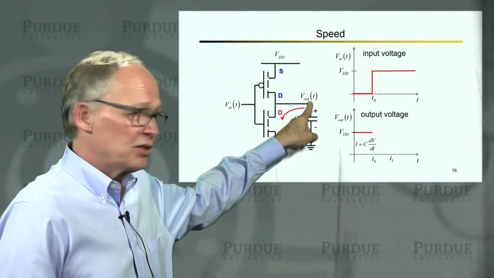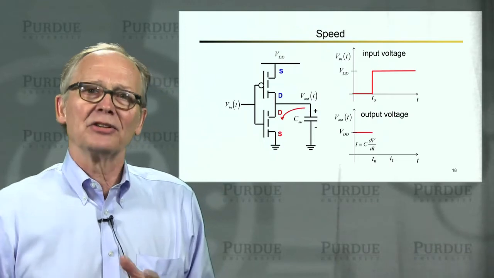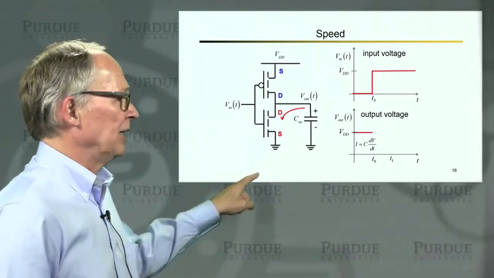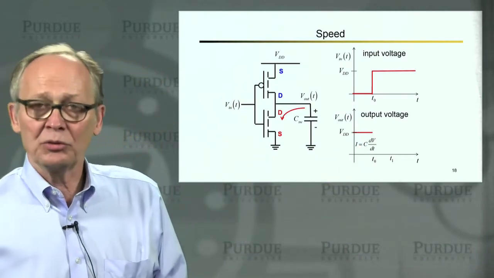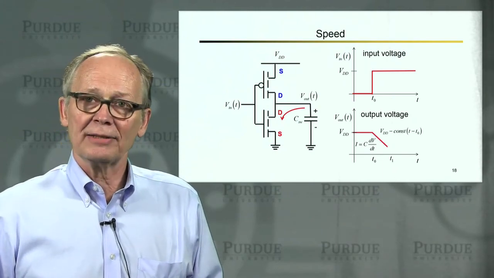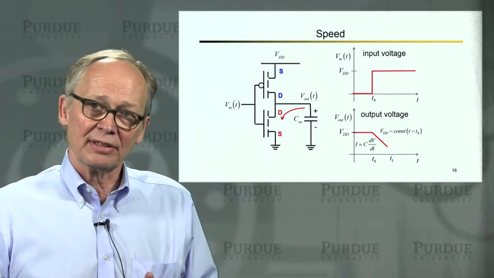At a high voltage, the NMOS device is operating in the saturation region, so the current is more or less independent of the voltage. And that means that this basic equation, I = C dV/dt, tells us that the voltage will just drop linearly with time. That's what happens initially. Finally, the voltage gets so low, the transistor enters the linear region.